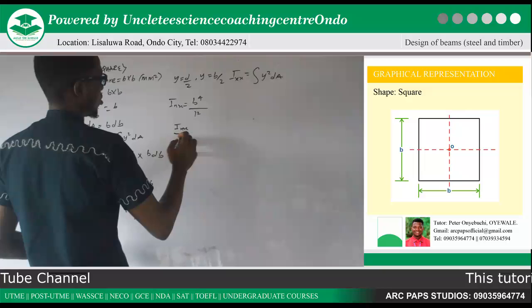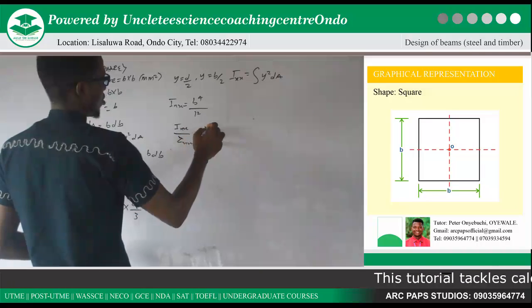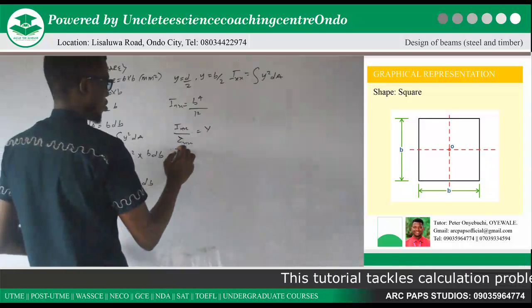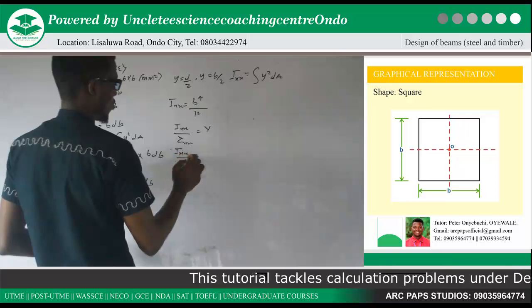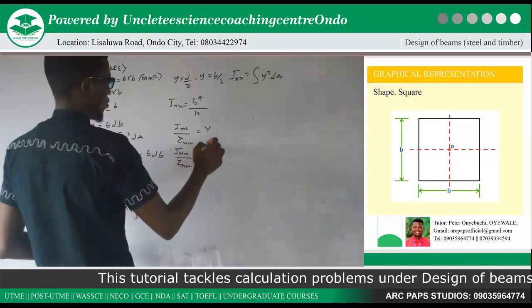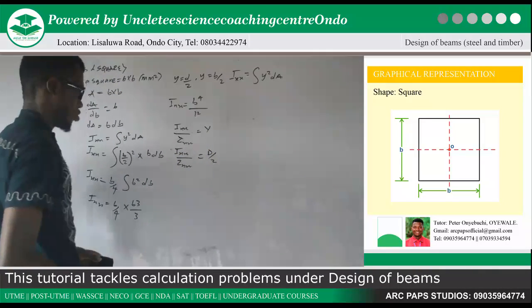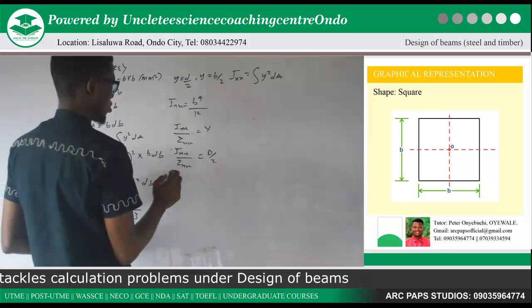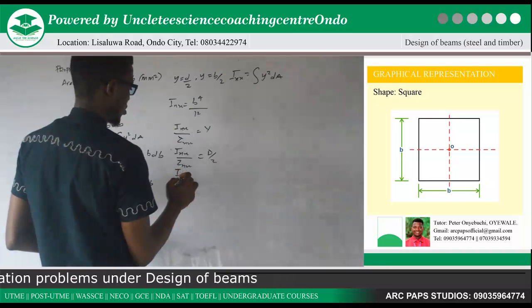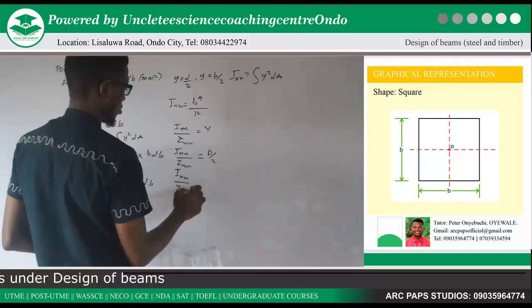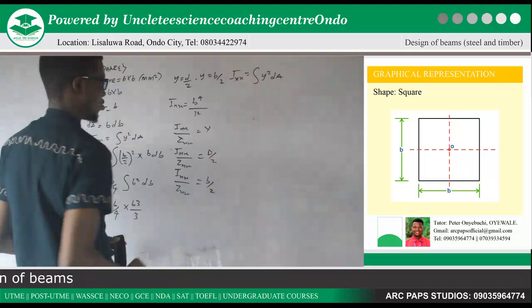Now since our Ixx over Zxx is equal to y, our Ixx is b to the power 4 over 12, or we can still leave it. Our y is b over 2, which is still d over 2. Now our Ixx times 1 over Zxx is still equal to b over 2.